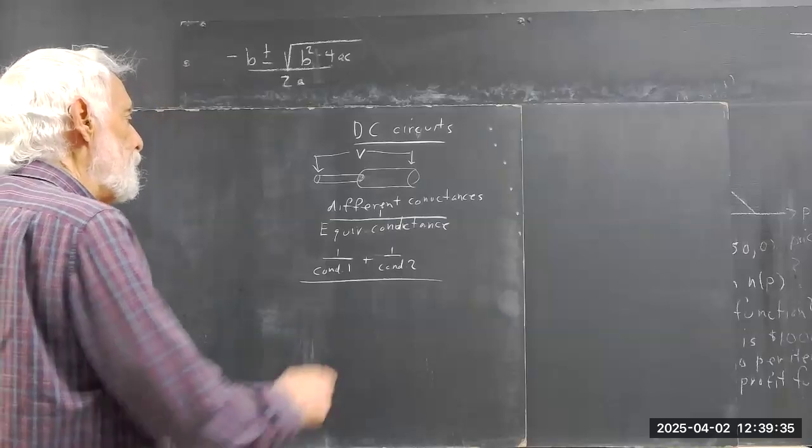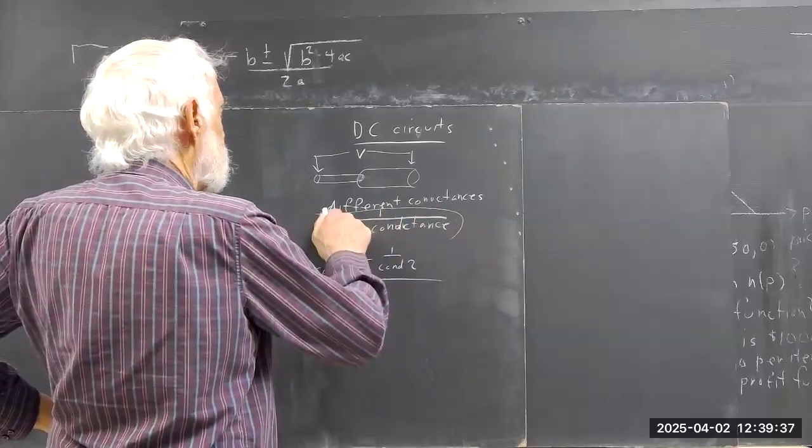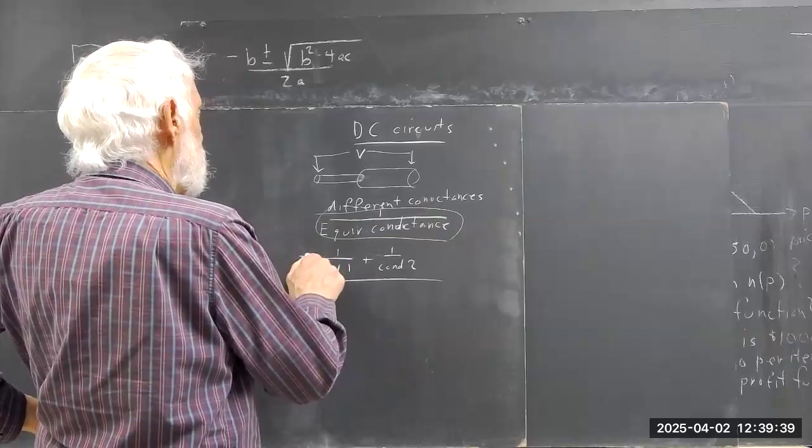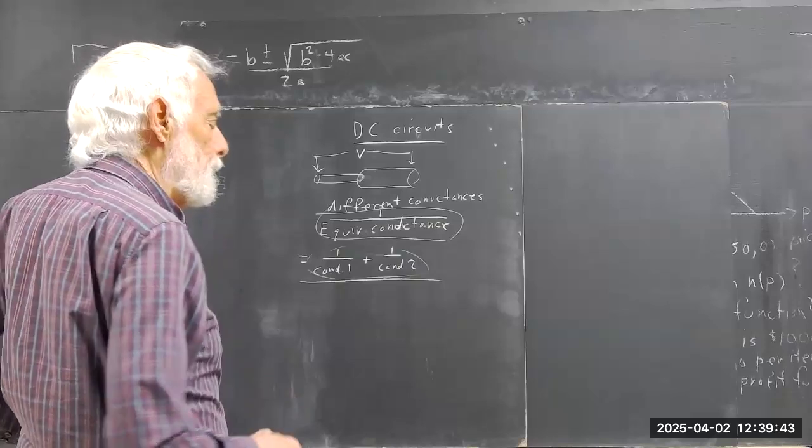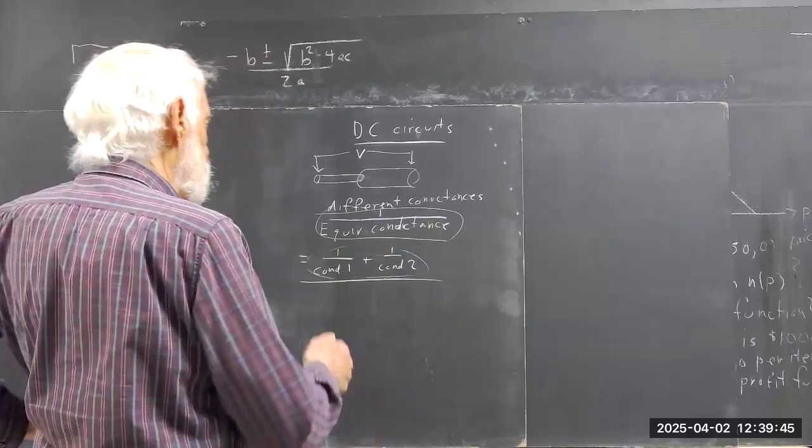And it's easier. So this is reciprocal. And the reciprocal of equivalent conductance is equal to the sum of these reciprocals. Okay, that could be fairly easily derived.